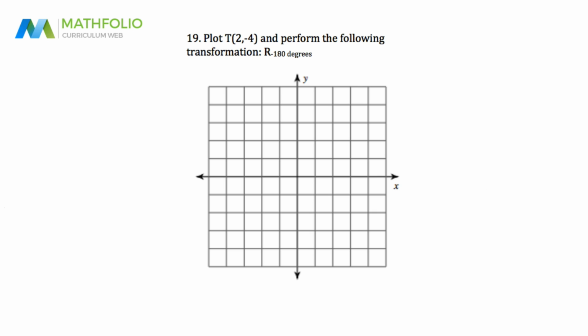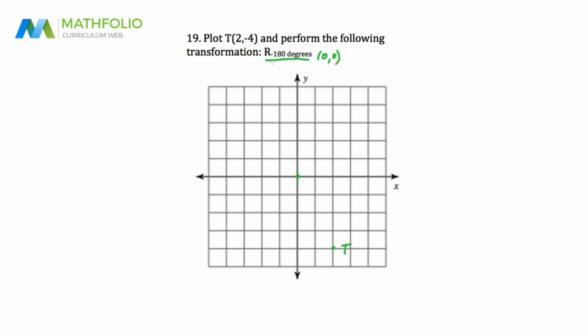Okay, 19. Again, another transformation question. Alright, so first thing to do is to plot t, which is at 2, negative 4. And that is t. And then it says, perform the following transformation, which is a negative 180 degrees. Well, first thing, we don't see a point or a center of the rotation, so we're going to assume it's the origin right here.